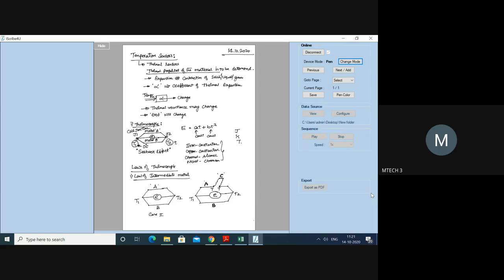If you are able to maintain both the points at the same temperature, then EMF E is not going to be altered. That is the law of intermediate metal.